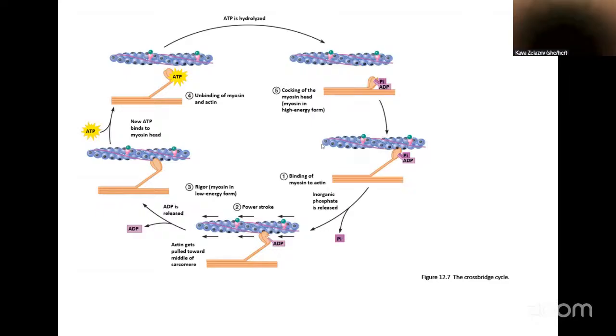So calcium wasn't in the cross-bridge cycle in terms of its steps, but we'll now see this little green piece on top here. That's our calcium ion, so that's bound onto troponin already in this cross-bridge cycle.